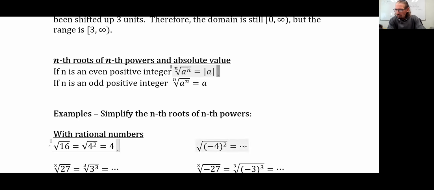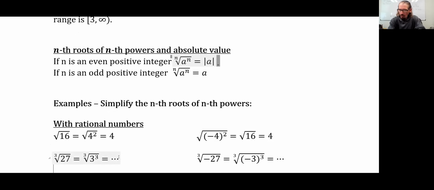But here, since negative 4 squared is 16, and the principal square root of 16 is 4, then both 4 squared and negative 4 squared, when we take the square root, we're getting positive 4. We're getting the absolute value of what we squared and then took the square root of.